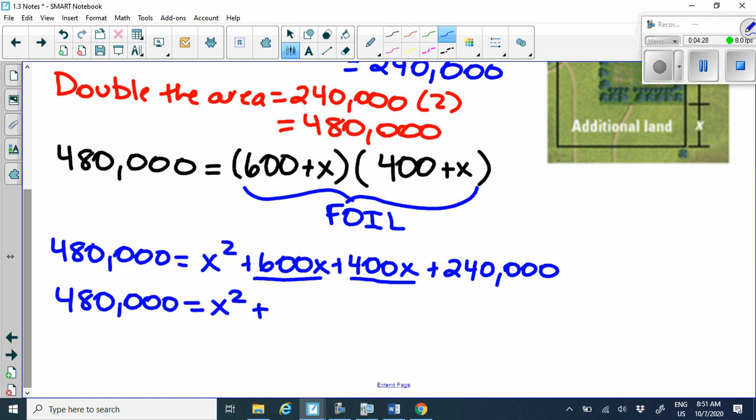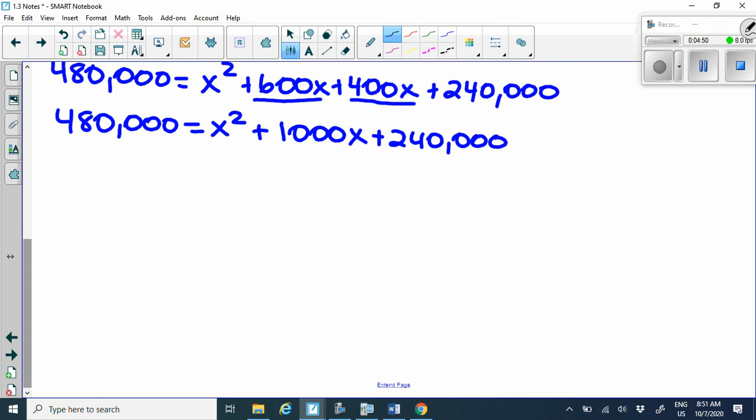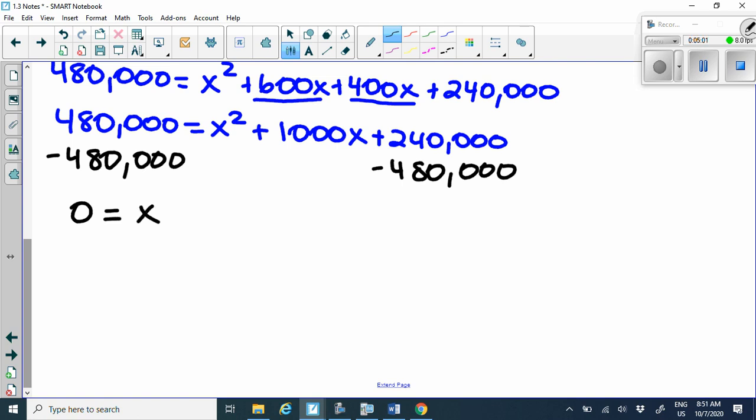So I get plus 1,000x, and then plus 240,000. Now, because we want to solve, right, and we're doing this by factoring, what do we have to set this equation equal to? We have to set it equal to 0 in order to solve. Okay, so I'm going to subtract 480,000 from both sides. So I get 0 equals x squared plus 1,000x minus 240,000.